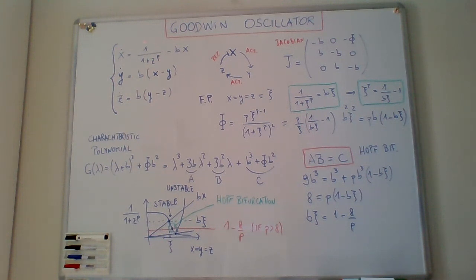There is only one nonlinear component here, all the nonlinearity is in here. So it's an example which is easily solvable, but it has this unphysical feature that to have oscillations, to reach a Hopf bifurcation point, I need a very large value of p, namely p larger than 8.